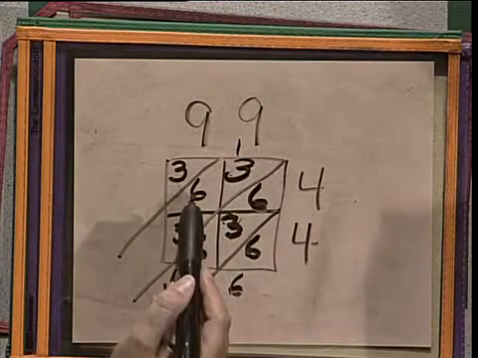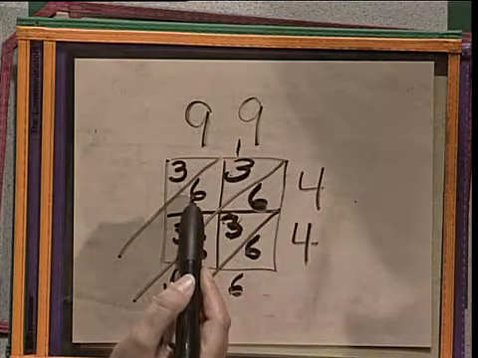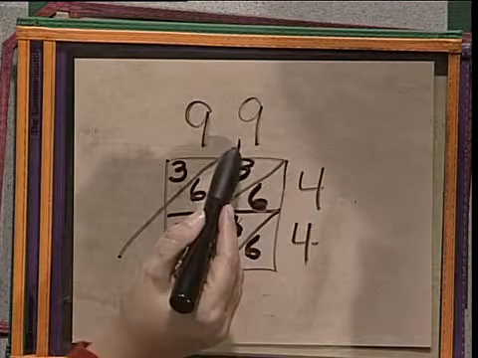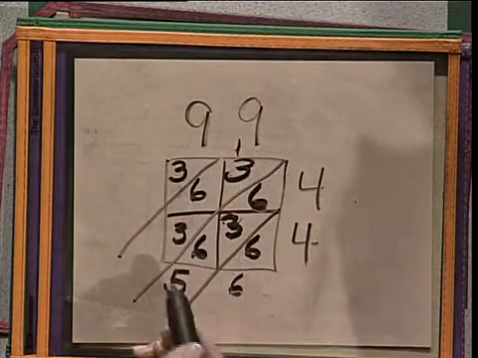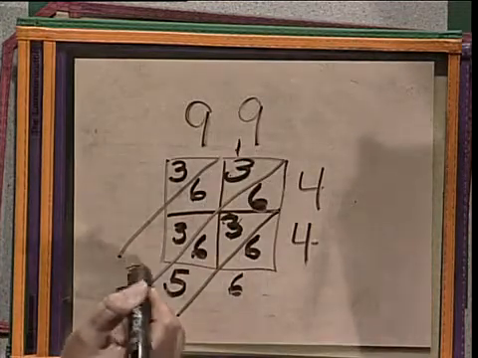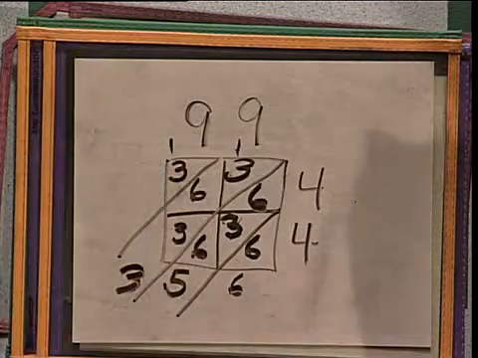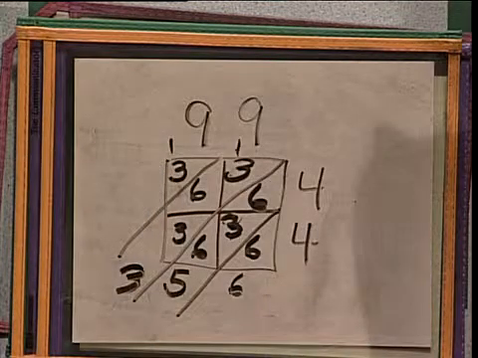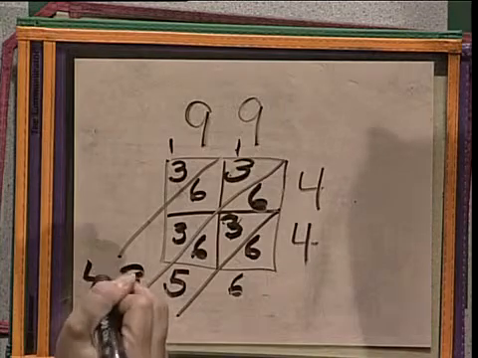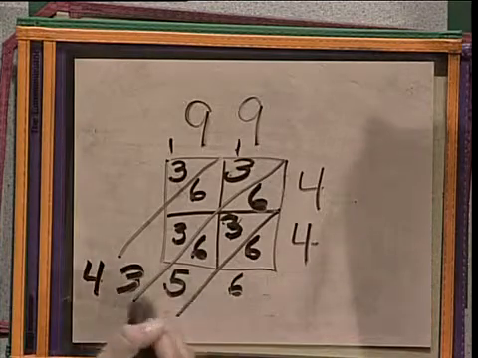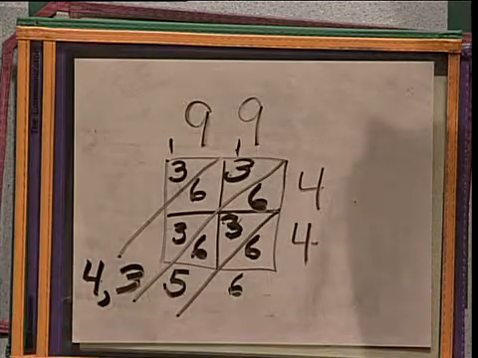Okay, that's a double. And then 6 plus 6? 12. Very nice. And 1 more? 13. So I'll put down the 3 and add the 1. Then 3 plus 1? 4.